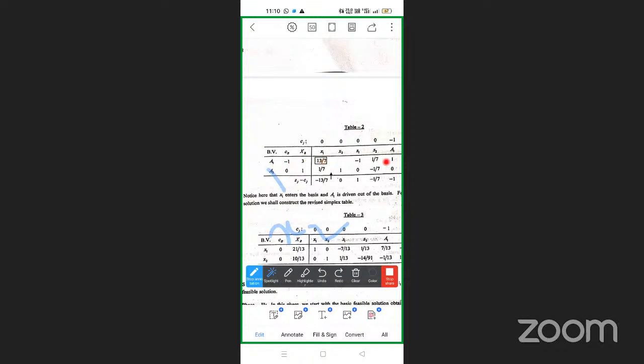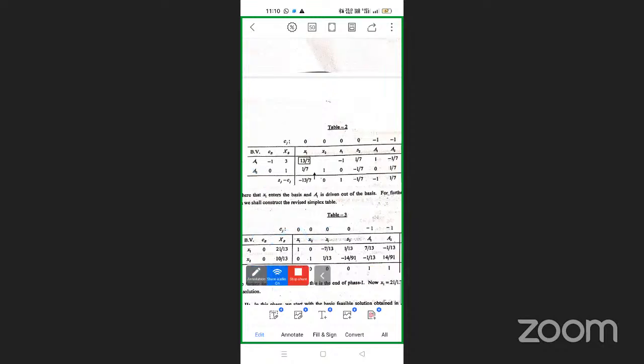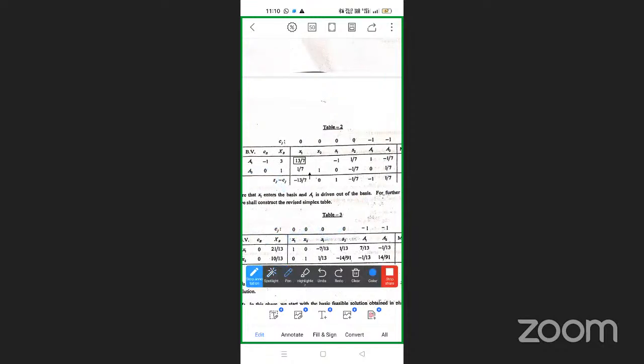After doing the row operations, we get this matrix.